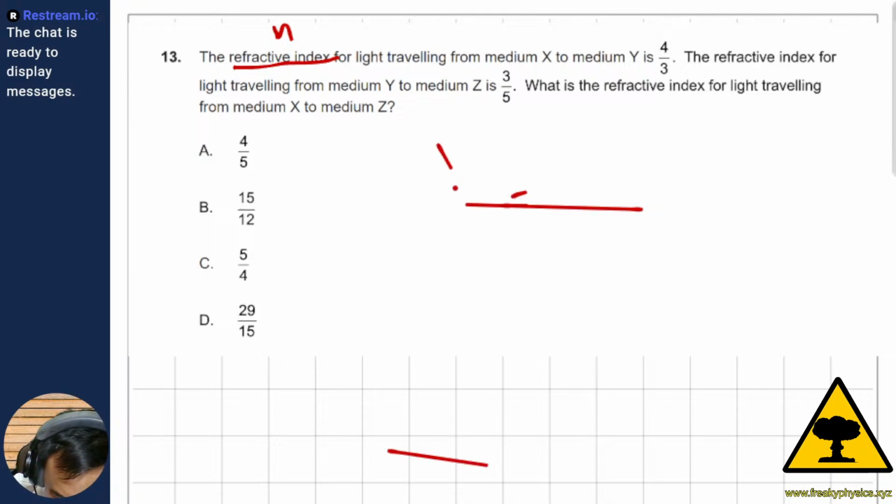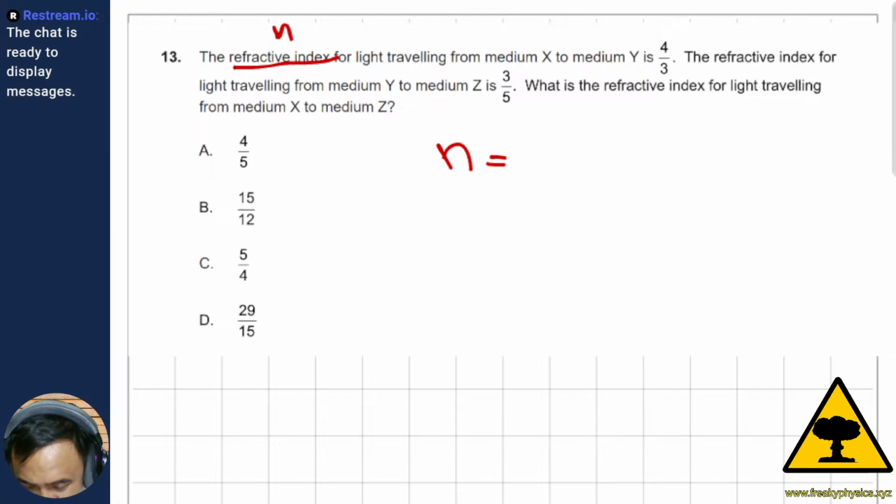Fixed. So we know by definition that this refractive index n is going to be c over v, right? Let's write that again, c over v.